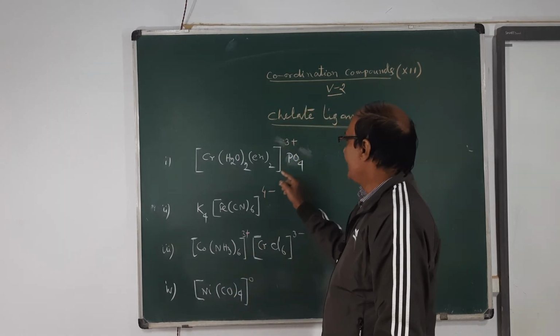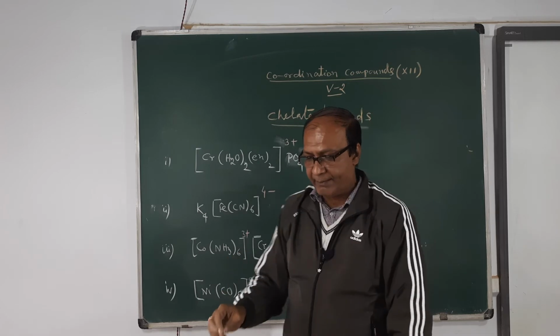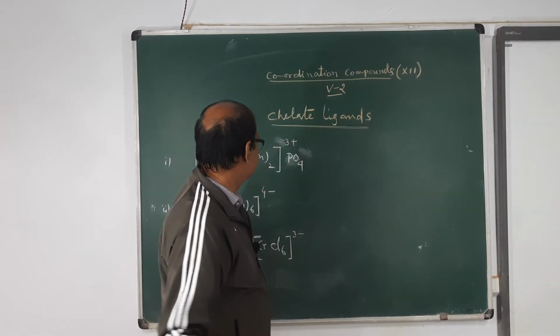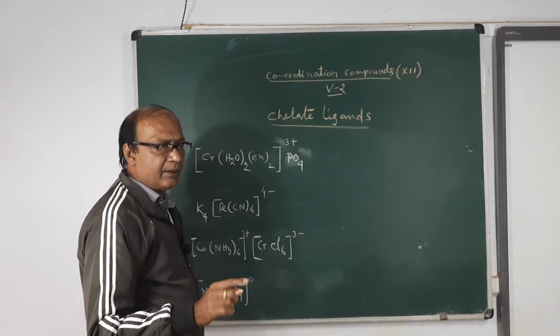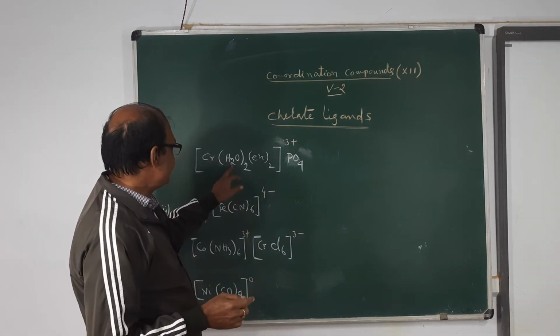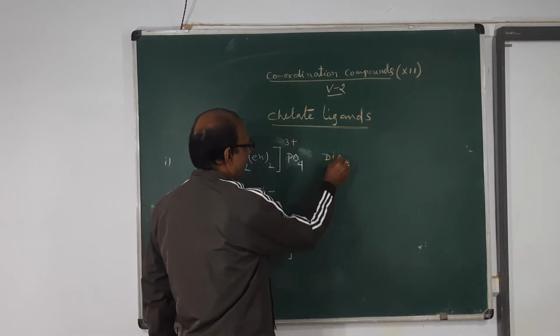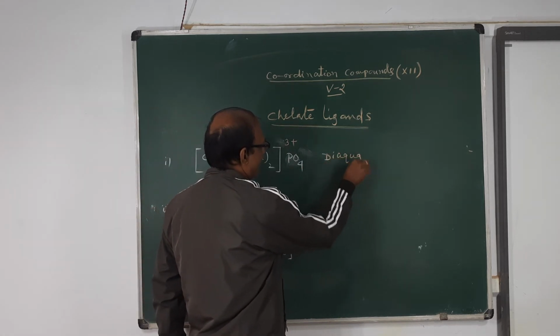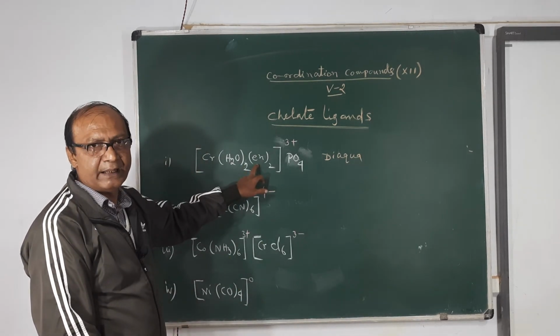Now, if you write the name of this cationic complex, write the names of the ligands in alphabetical order. So this is aqua, diaqua, and then in alphabetical order, ethane-1,2-diamine.